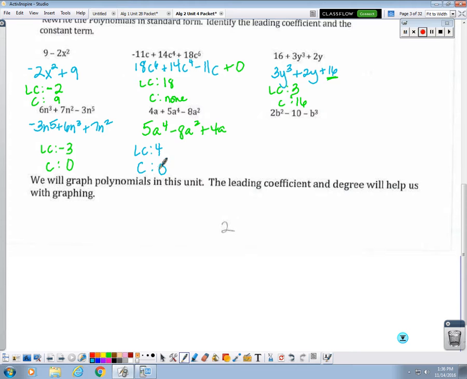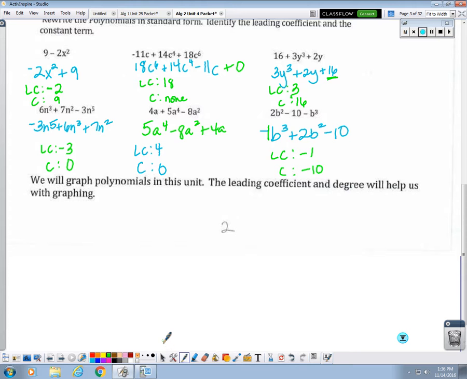And then your constant is the number without the variable. Okay, last one. What will this look like in standard form? Right. So what's the leading coefficient? Good, because that's the understood negative 1 here in the coefficient place of the first term. And the constant is negative 10.